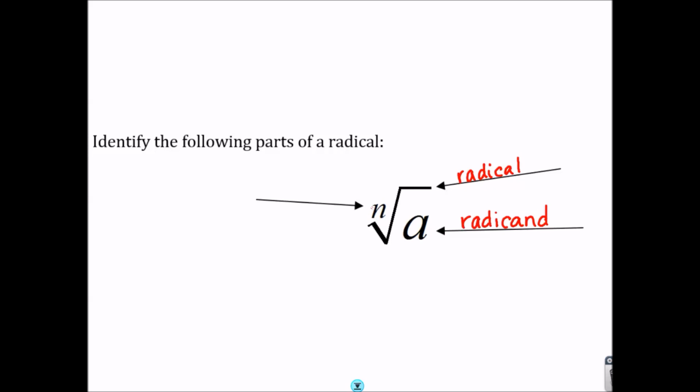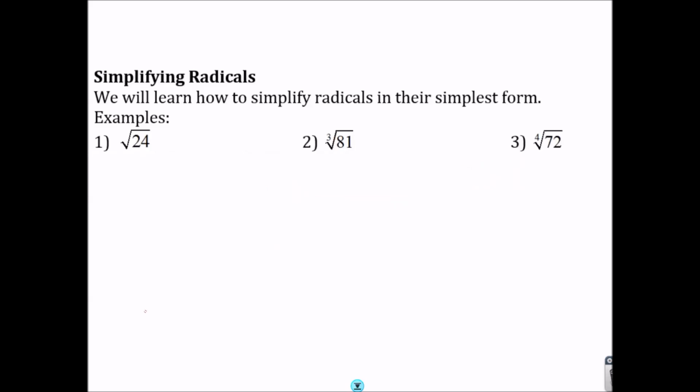And n, which could be any number, typically you'll see it as just 3 or a higher number, that is called the index. So we're going to simplify these radical expressions.